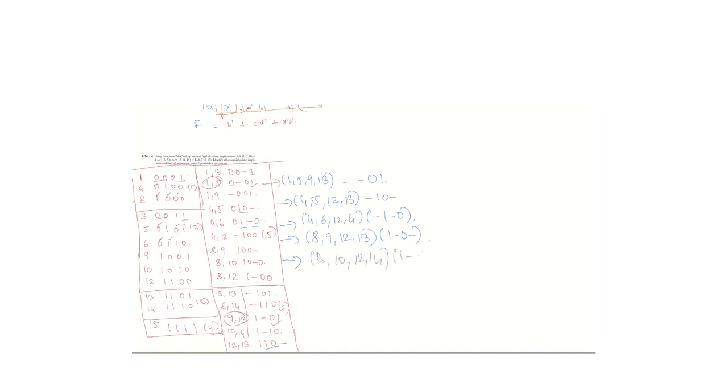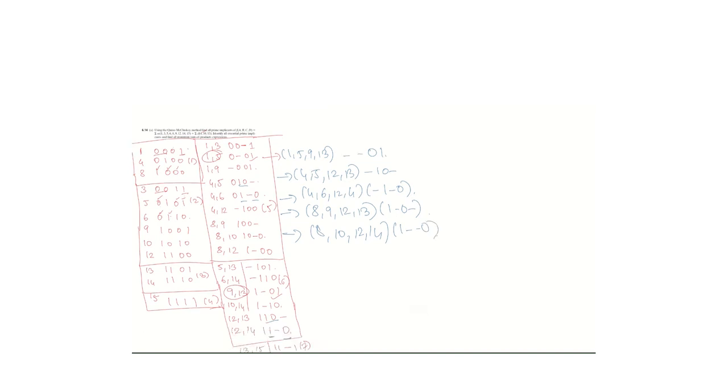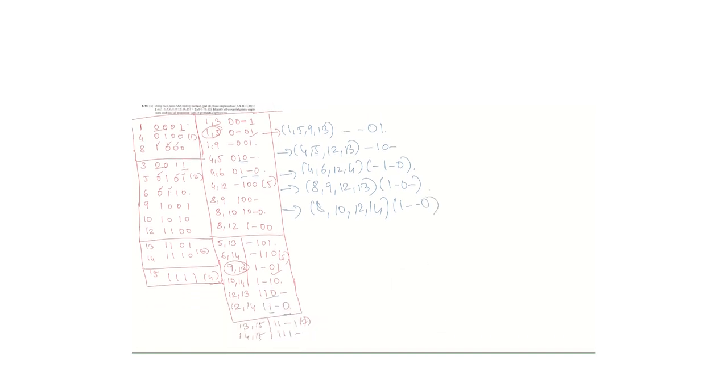This would be 1 dash 0 0 dash. So this would be 8, 10, and 12, 14.